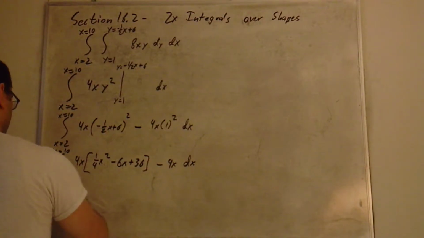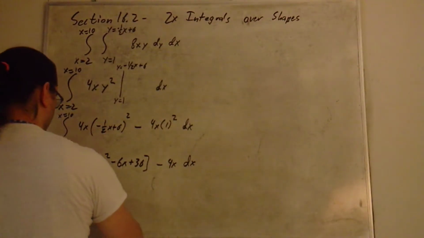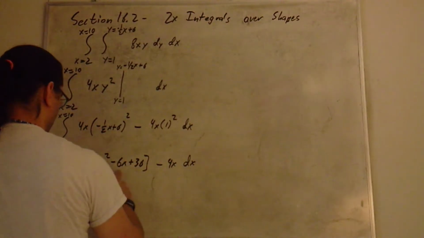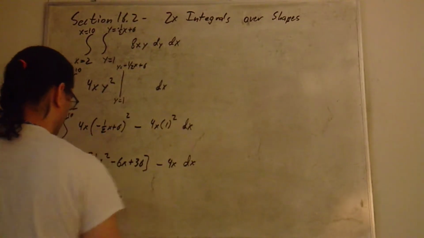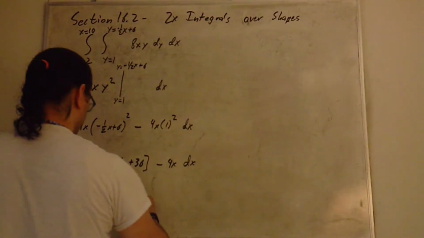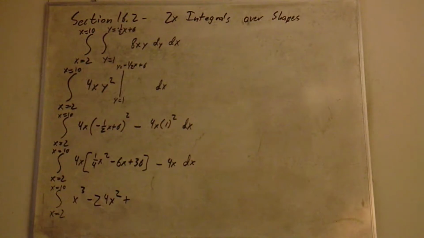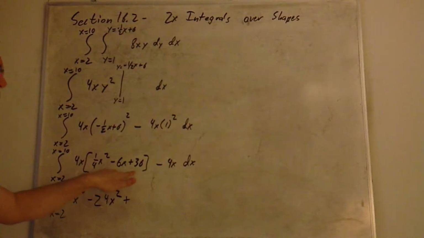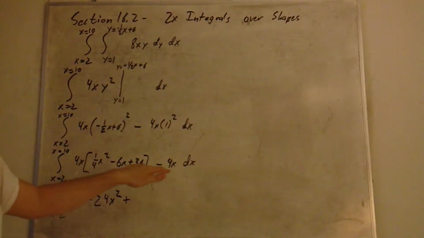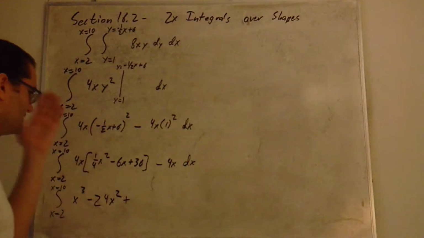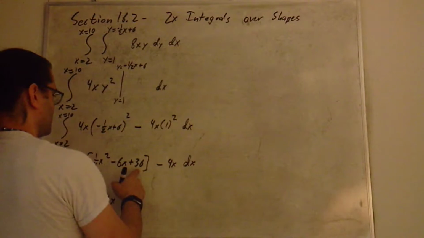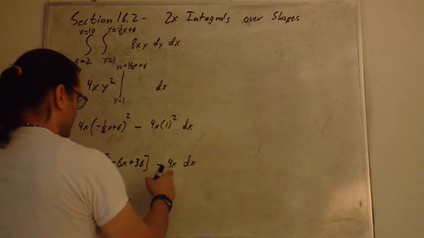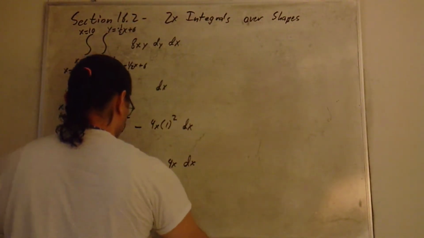So I'll have the integral from x equals 2 to 10 of, this will be an x cubed, this will be minus 24x squared, and this will be plus 154. Is that right? 4 times 30 is 120, 4 times 6, so 144. Oh, that makes sense. It's a multiple of 12. Okay, so this is going to be 144x minus 4x. So I'll call it 140x dx.